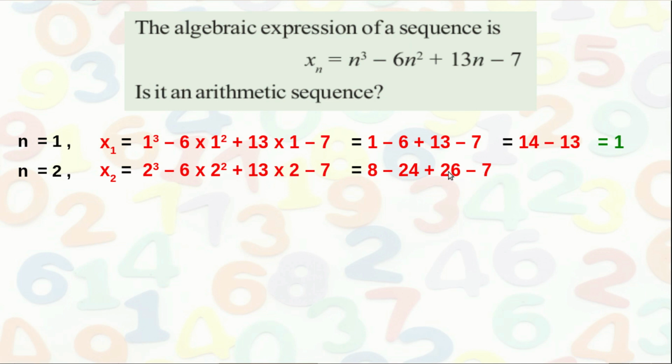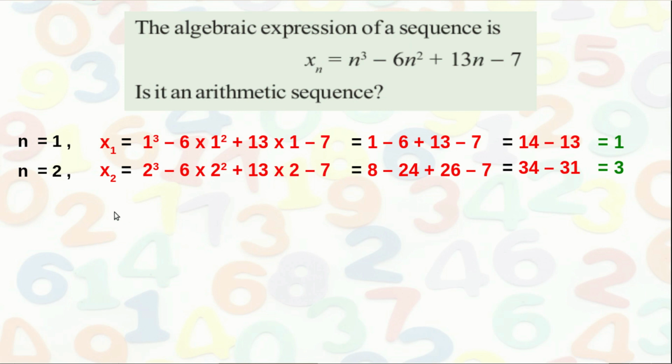Again add the positive terms, 26 and 8, 34, minus 24 and minus 7, minus 31, equal to 34 minus 31 gives 3. The second term of the sequence is 3.